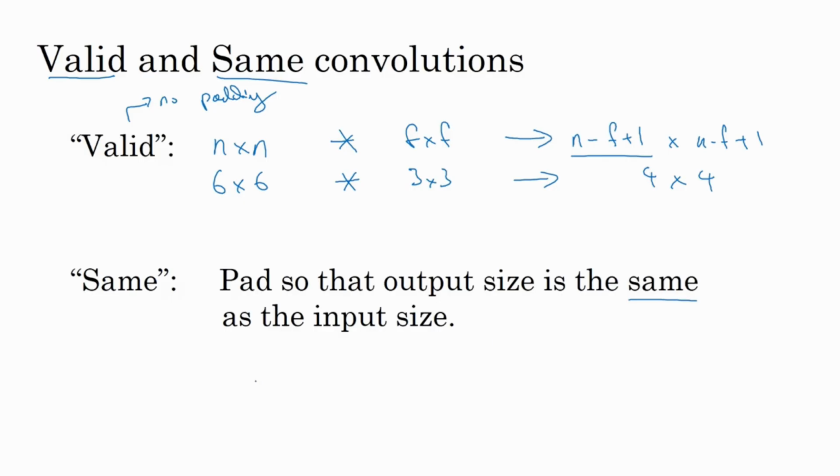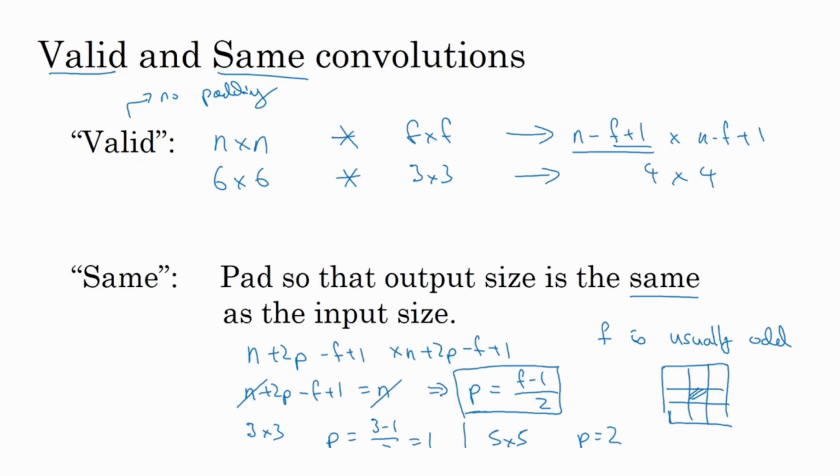The input was 6x6, the output was also 6x6. These kinds of situations where we want the input size to be the same as the output size, we call the same convolution. Very simple relation: same means the dimensions are preserved, and valid means the dimensions are not preserved. We are doing the convolution operation as it is.